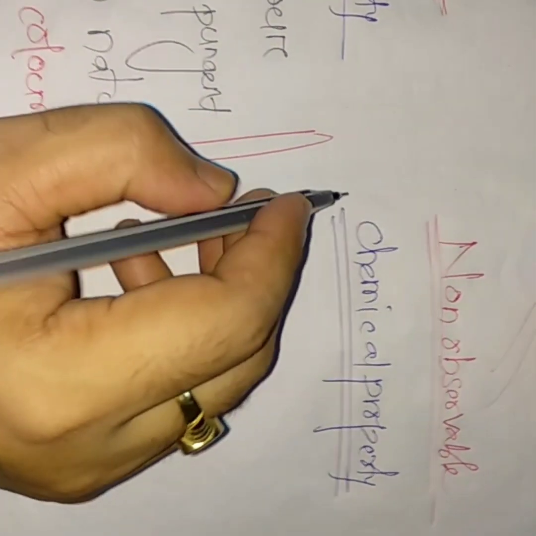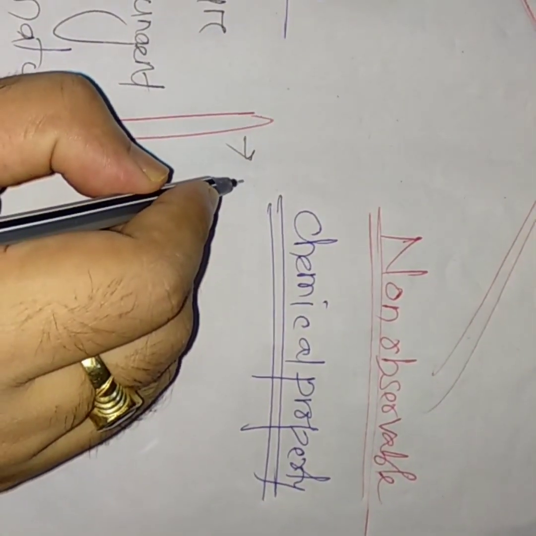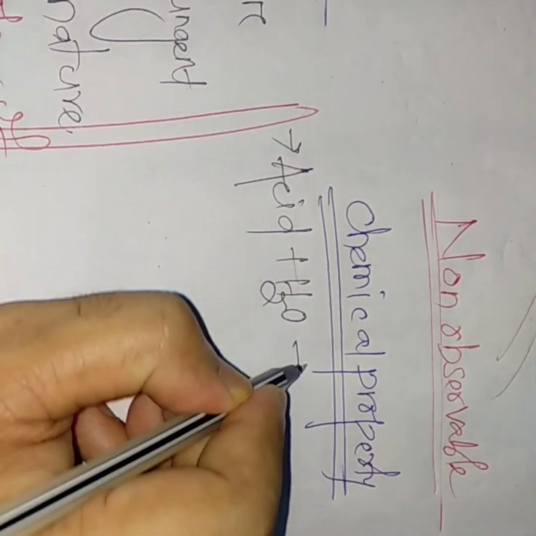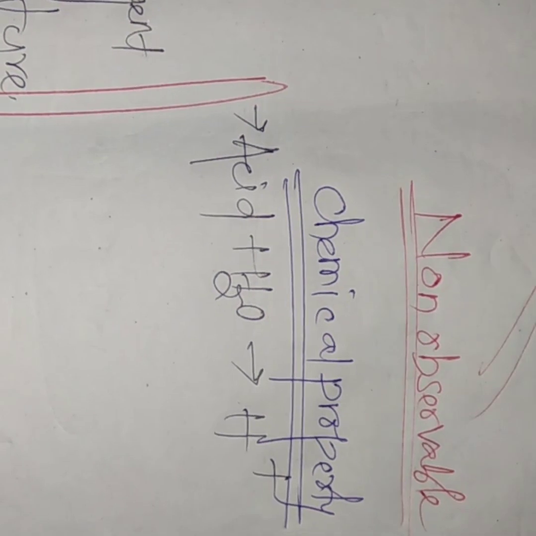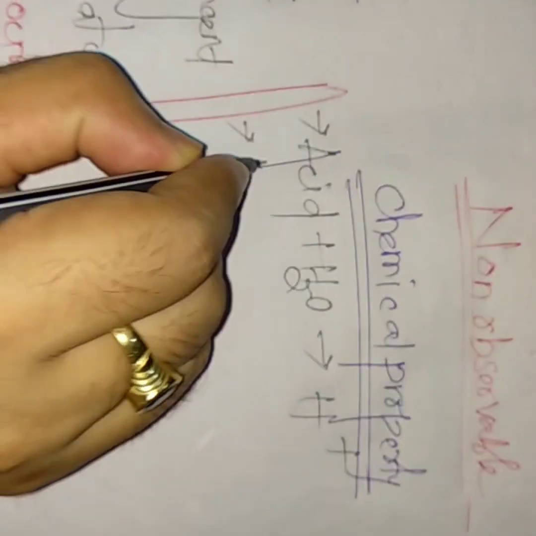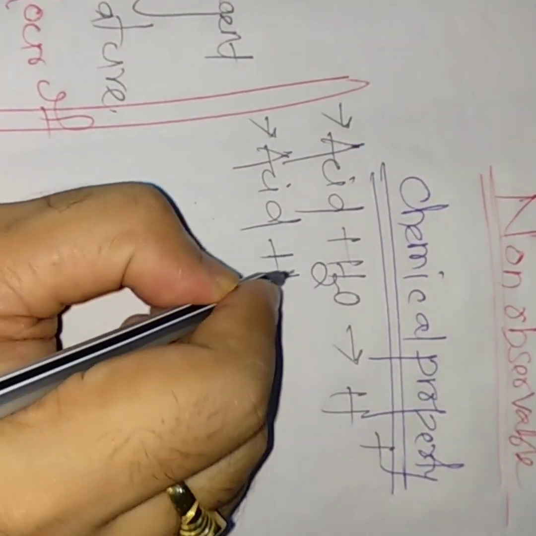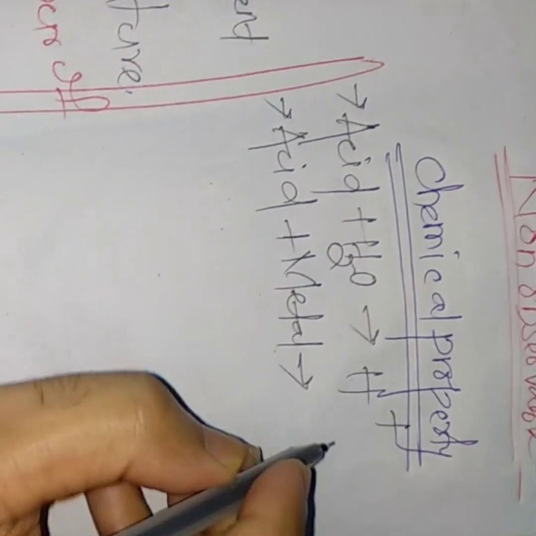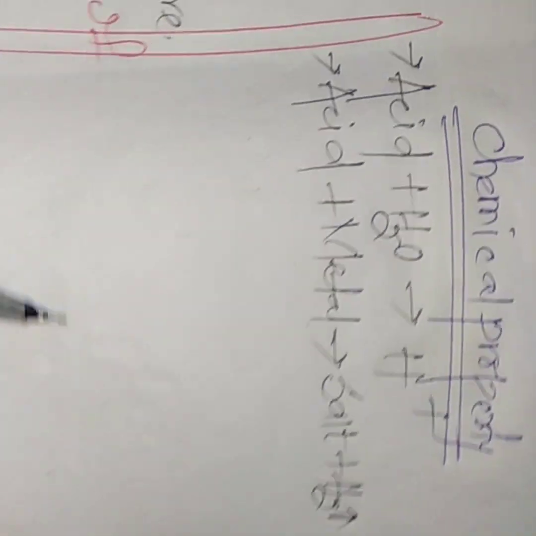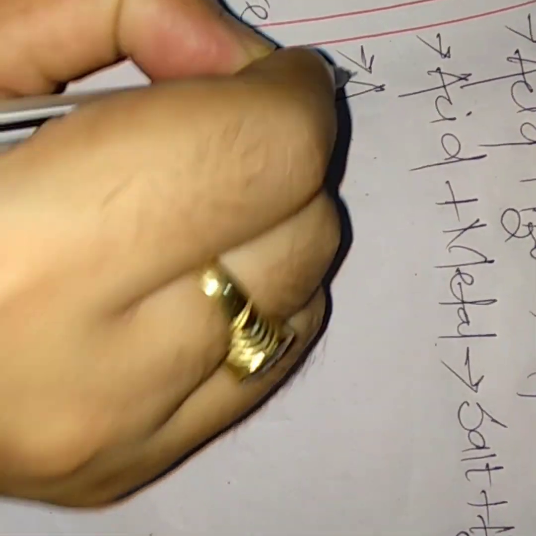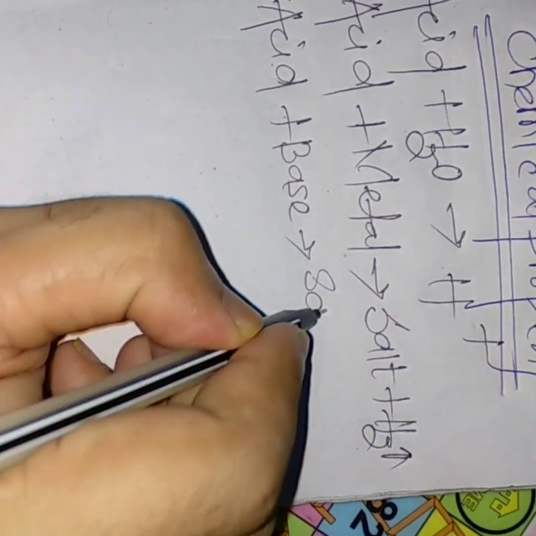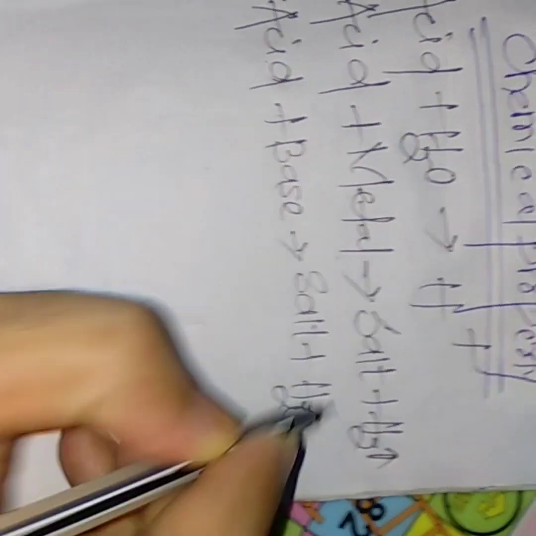So let us discuss the chemical properties of acid. The first chemical property is the reaction between acid and water. When acid combines with water, it produces H positive ion. This is the first chemical property of acid. Generally when acid combines with metal, it produces salt plus hydrogen gas. And the third property, when acid combines with base, it produces salt and water.